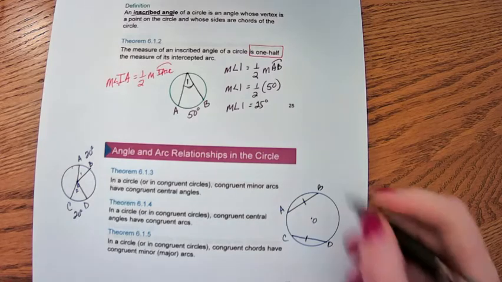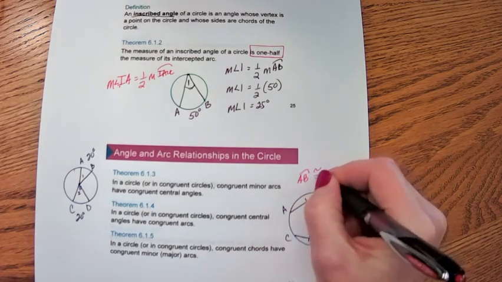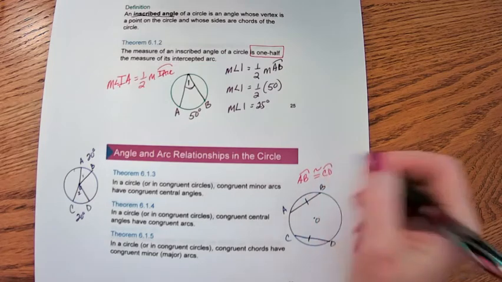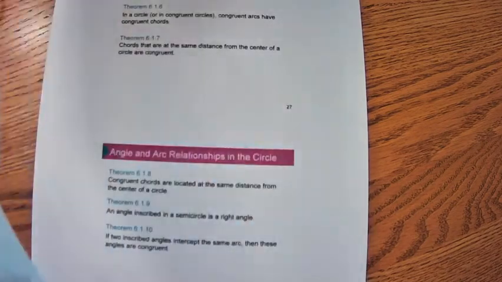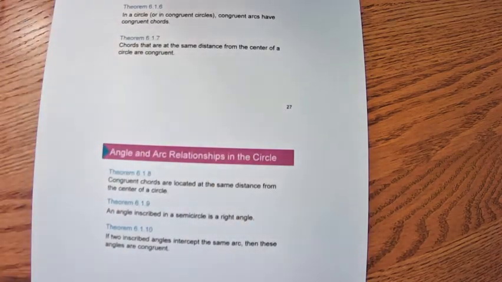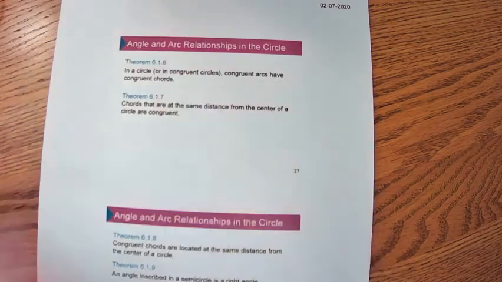Well, that must also mean that arc AB is congruent with arc CD. Congruent chords have congruent arcs, and then we reverse that. Congruent arcs have congruent chords.